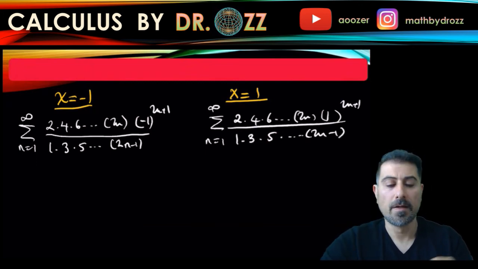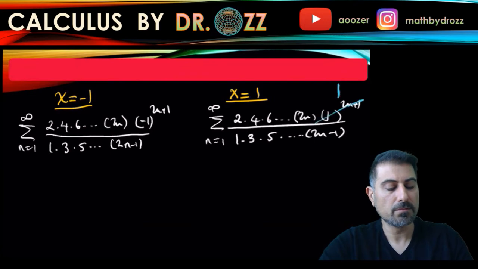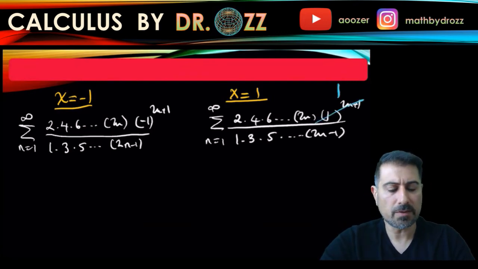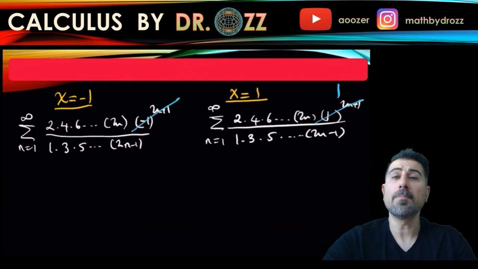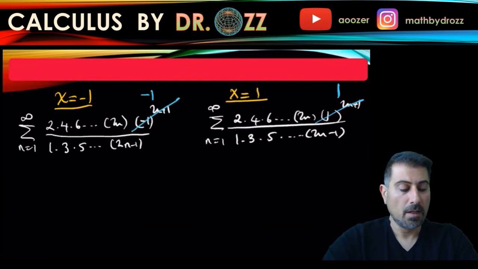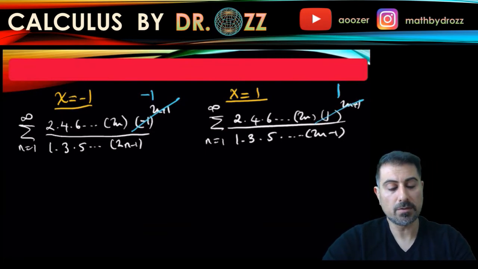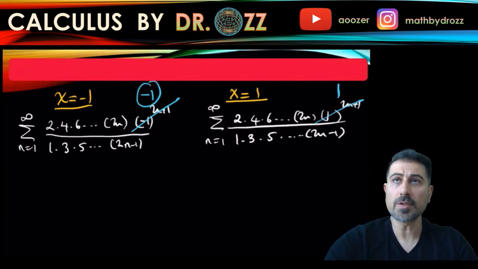Okay. Well, this is already 1. And minus 1 to the power of 2n plus 1 is just minus 1 because it's an odd power of minus 1. Okay. And in both series, there is no alternation. This is just minus 1 fixed. It's not raised to the power of n or something, because we know that the power is odd. No matter what n is, it's going to be minus 1.